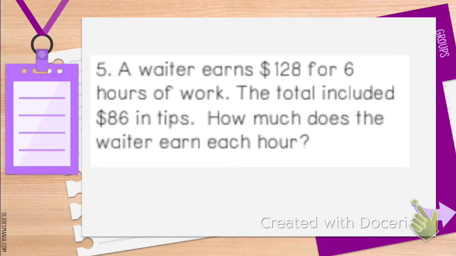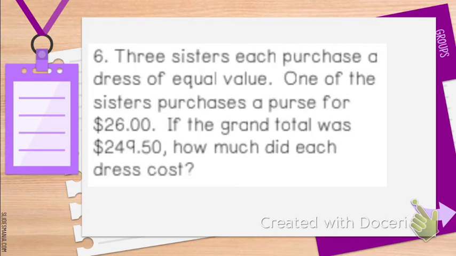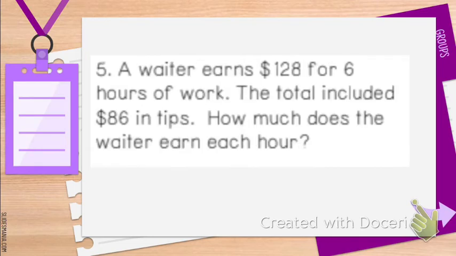All right. So a waiter earns $128 for 6 hours of work. The total included $86 in tip. How much does the waiter earn each hour? So, all right, the $86, that's not split up by hour. That's just $86 total, okay?